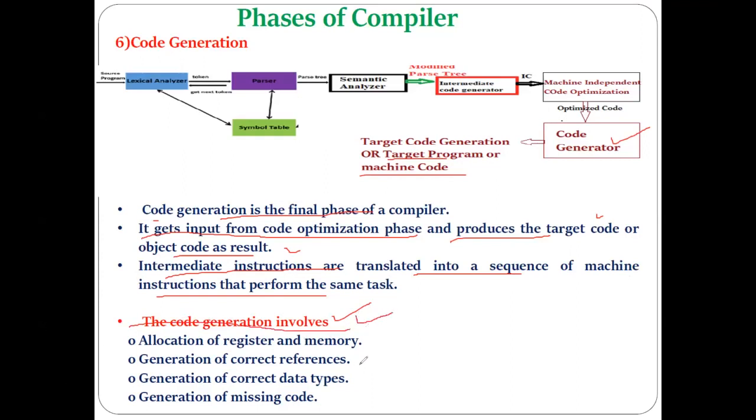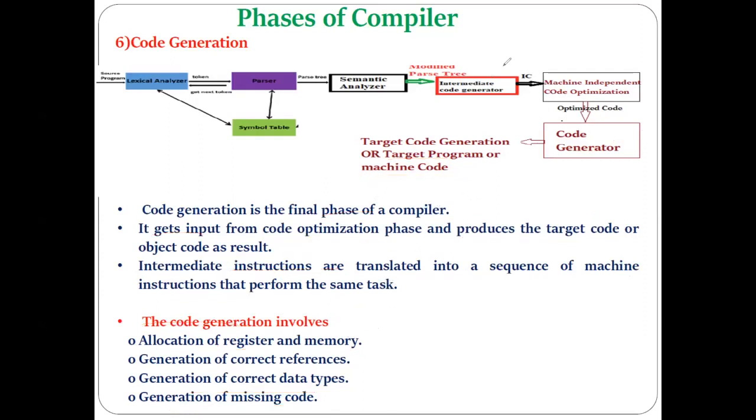These are activities like allocation of registers and memory, generation of correct code references, generation of correct data types, and generation of missing code. These are the different activities that have to be done by the code generation phase.